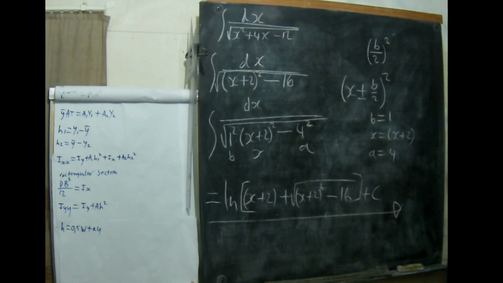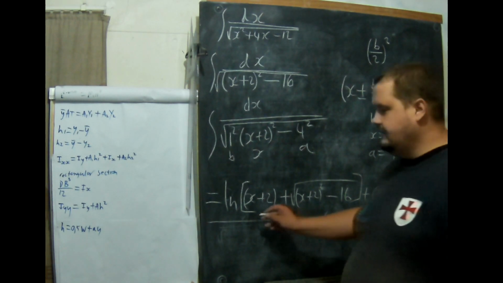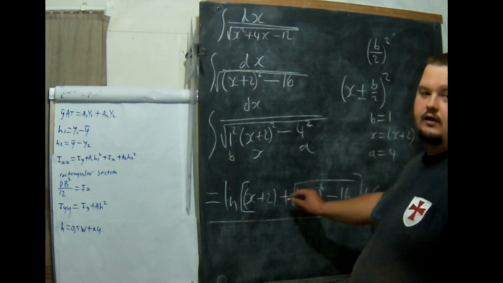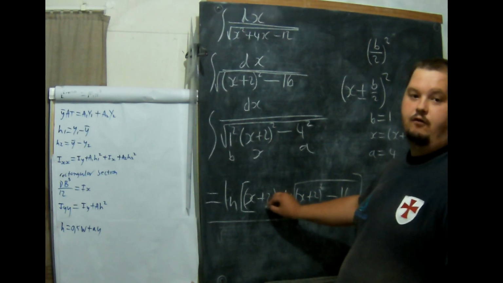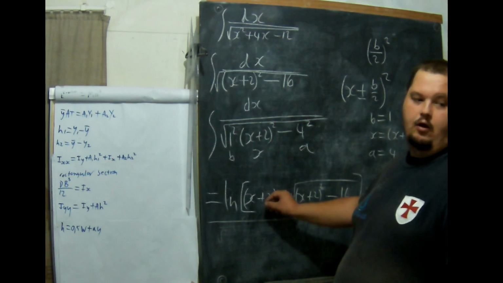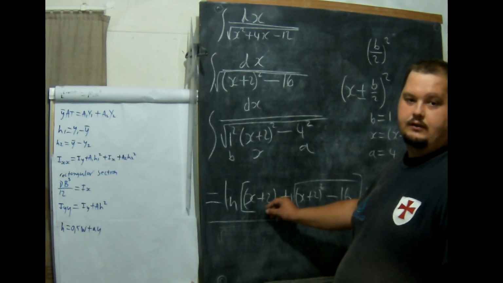And that is our final answer. But these are all given to you in your formula sheet. You do not have to memorize them. They are all given to you in your formula sheet.